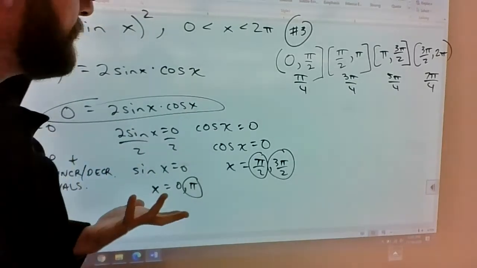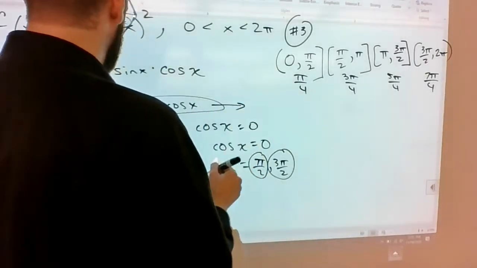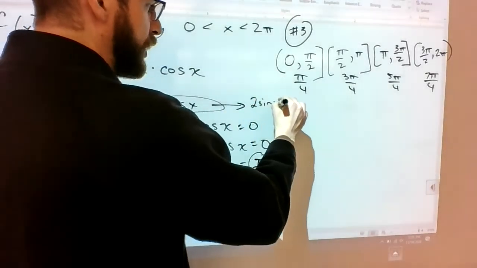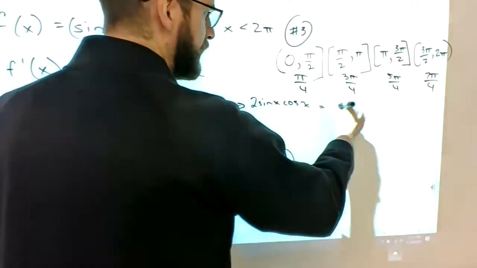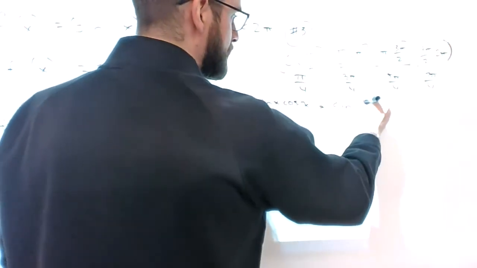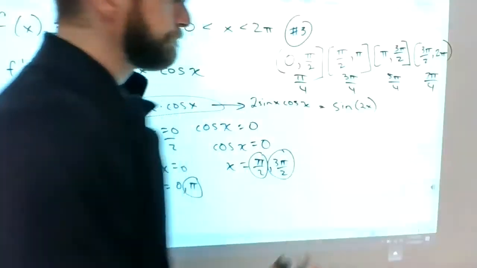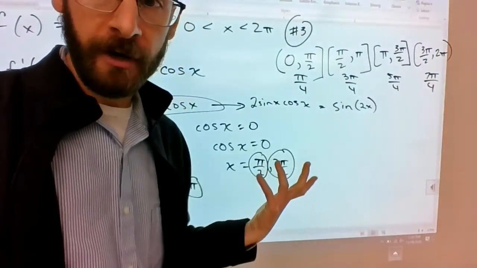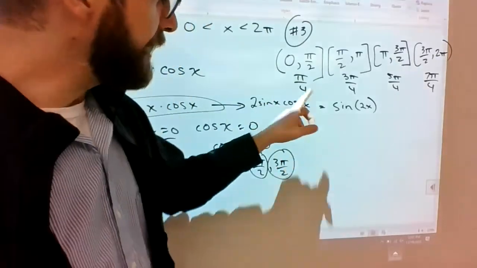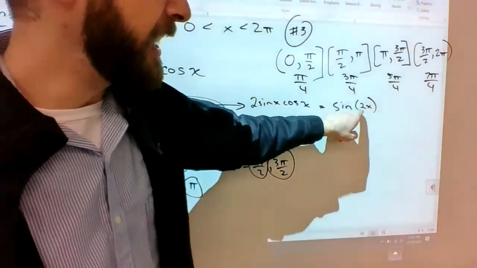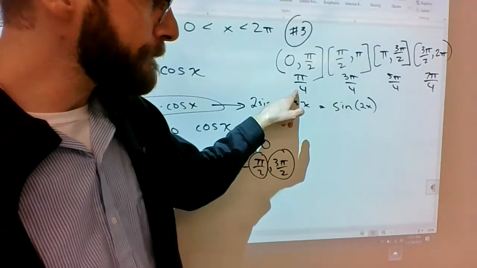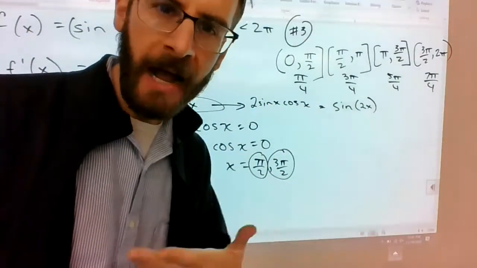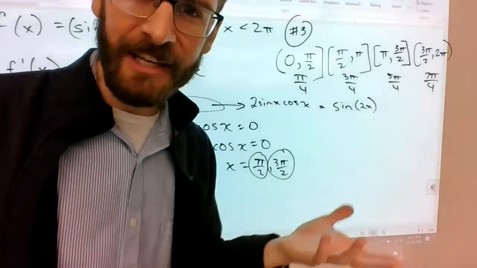I guess maybe keep in mind that 2 sine of x cosine of x is equal to the sine of 2x. That double angle formula is actually pretty helpful here, because if all you're doing is taking the sine of double pi over 4, well, double pi over 4 gives us a pi over 2 value. And that's a lot easier to think about.